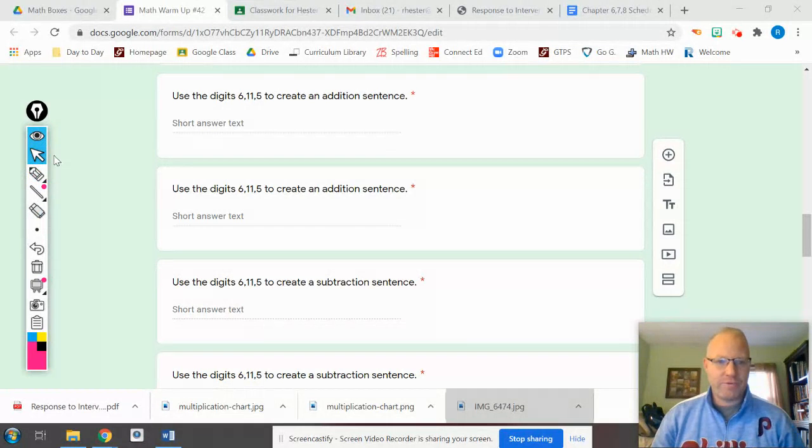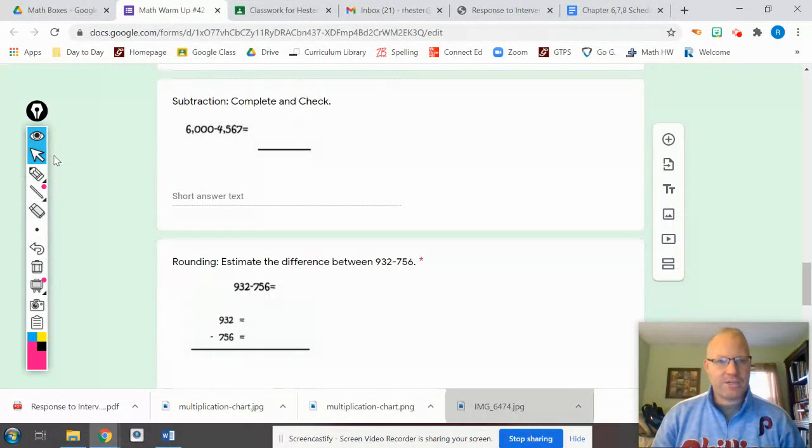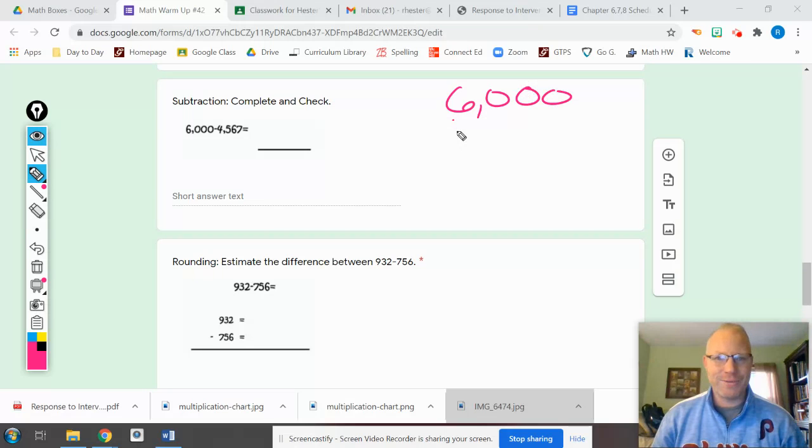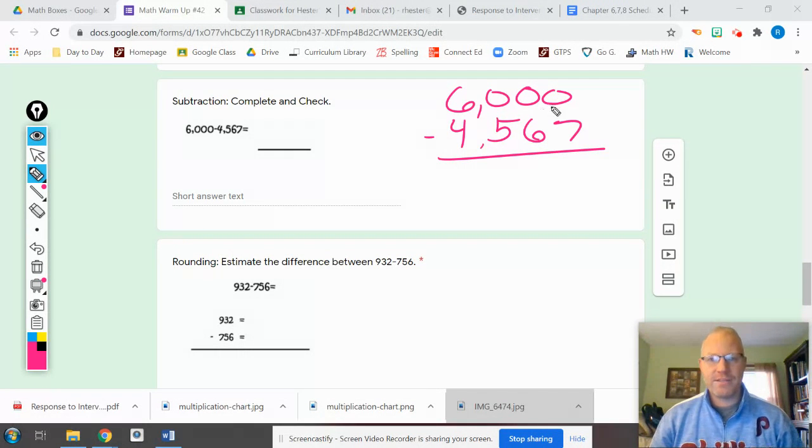Let's get moving. In subtraction, complete and check. When it says complete and check, you know inverse operations, and inverse operations tell us to do the opposite to check your work. So we're going to subtract first, and then we can add to see if our answer was correct.